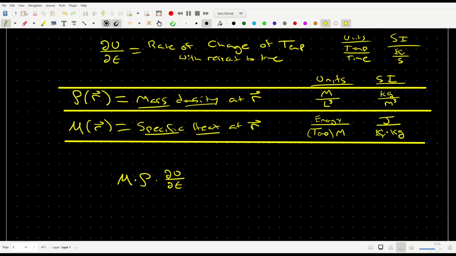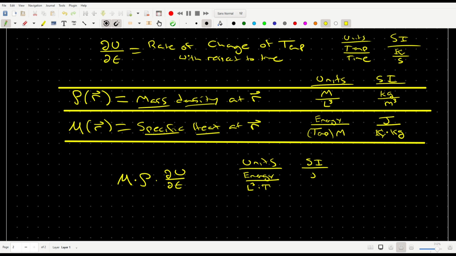This quantity right here is going to have units of energy over length cubed, so volume, times time.